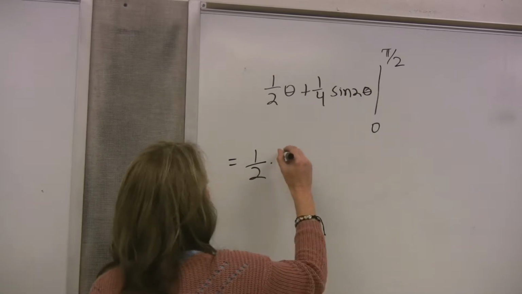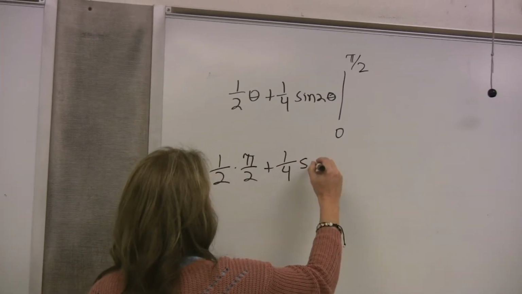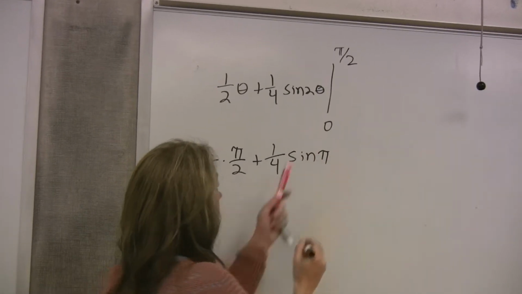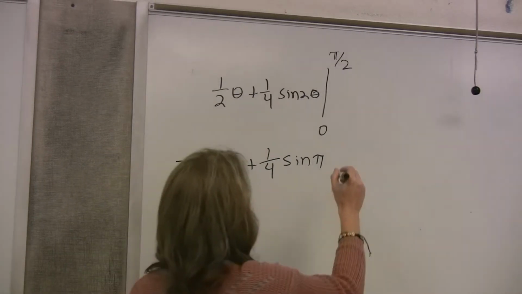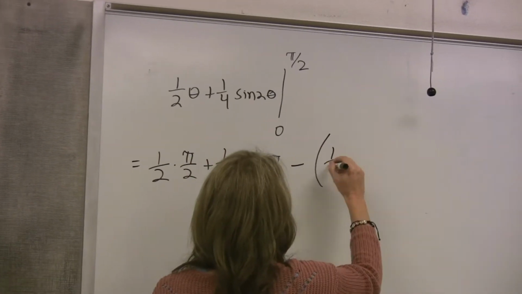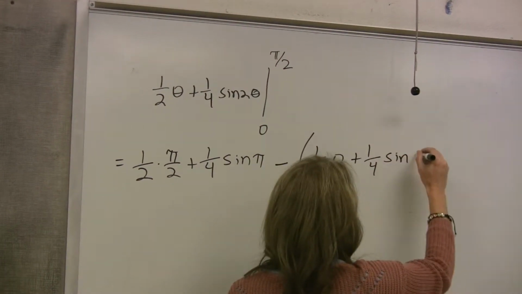1/2 times pi over 2 plus 1/4 sine of pi, because I took 2 times pi over 2. Minus 1/2 times 0 plus 1/4 sine of 0.